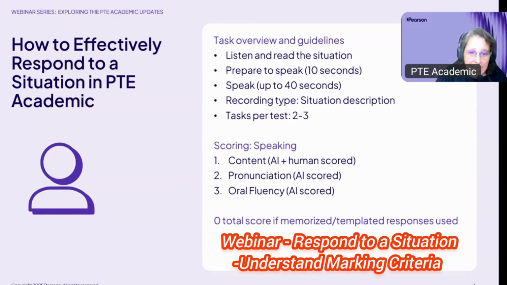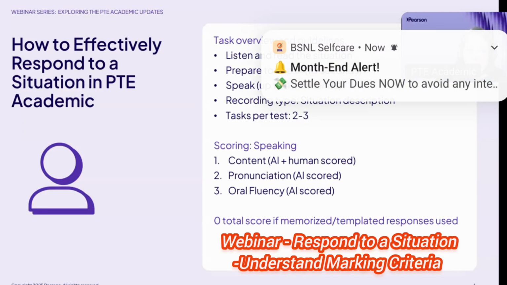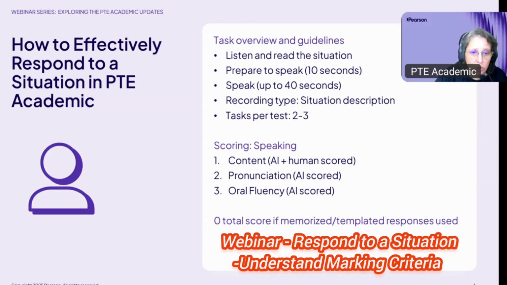Content is AI and human scored, so it's double scored. Pronunciation and oral fluency are only AI scored, and there is a zero total score available if the AI and the human scorer detect the response as a template or a memorized response.